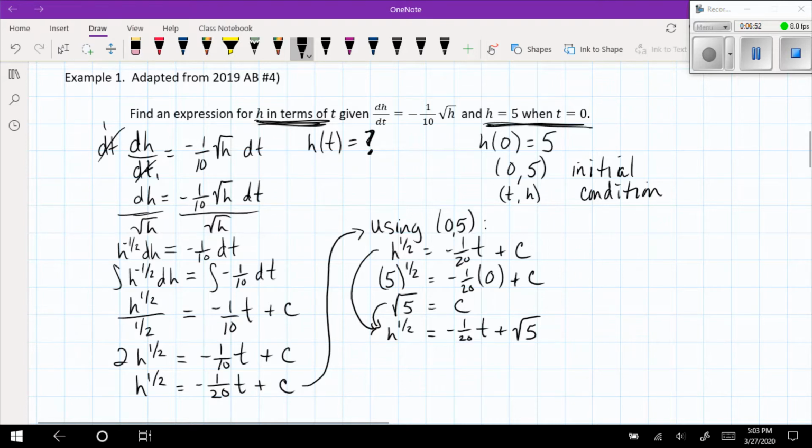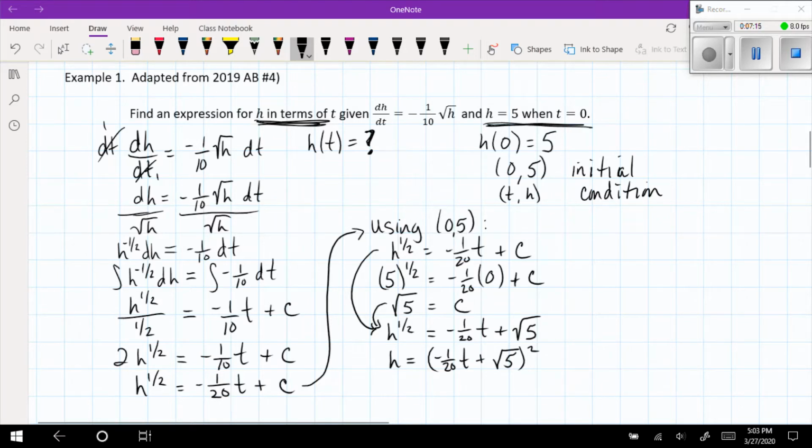H is to the 1/2 exponent right now, so in order to undo that 1/2 or square root, I simply need to square both sides of the equation. So that will yield h equals, and I'm going to take negative 1 over 20t plus the square root of 5, and I am going to square that entire right-hand side of my equation.